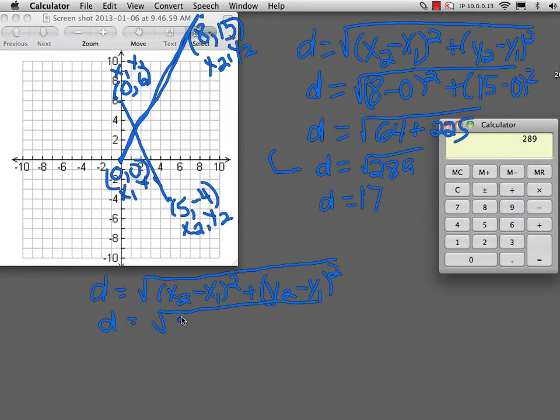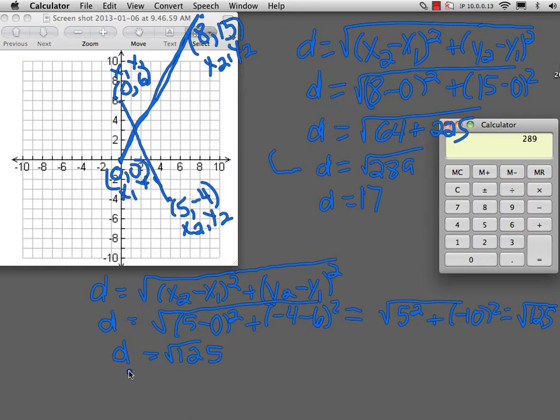So we're going to say 5 minus 0 squared plus negative 4 minus 6 squared. That will give us 5 squared plus negative 10 squared, which gives us 25 plus 100, so 125. So the distance is equal to the square root of 125.